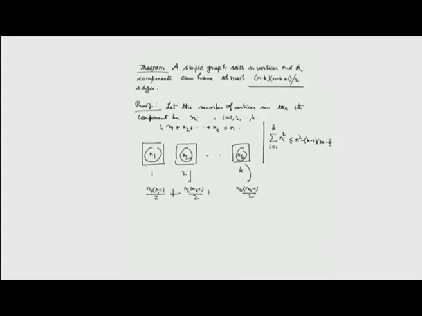So, if I sum up all these things, then I will get half of the summation i equal to 1 to k of ni into (ni minus 1), which is equal to half of the summation of ni square minus half of the summation of ni.